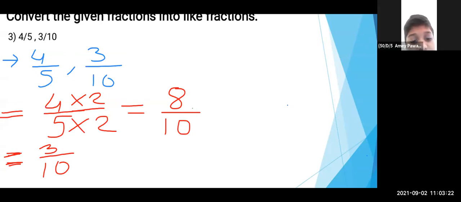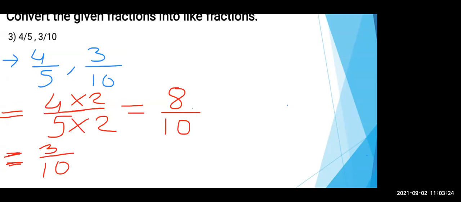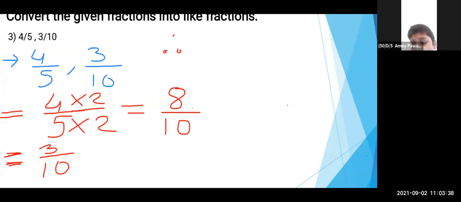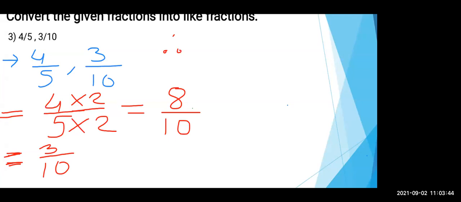Yes. हाँ. So last step क्या होना चाहिए? What will be our last step? Last step. Tell me. Therefore. हाँ. 8 upon 10. Very good. Right.